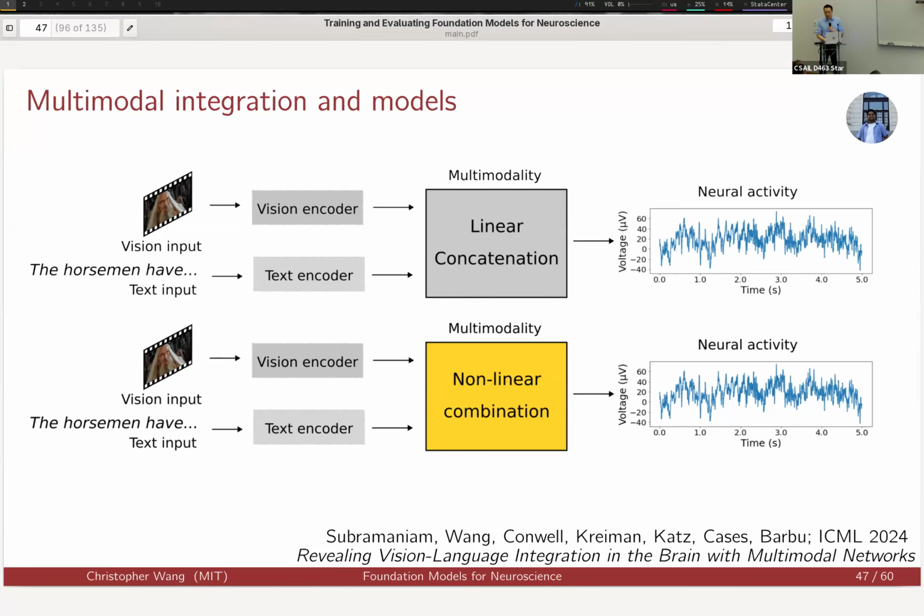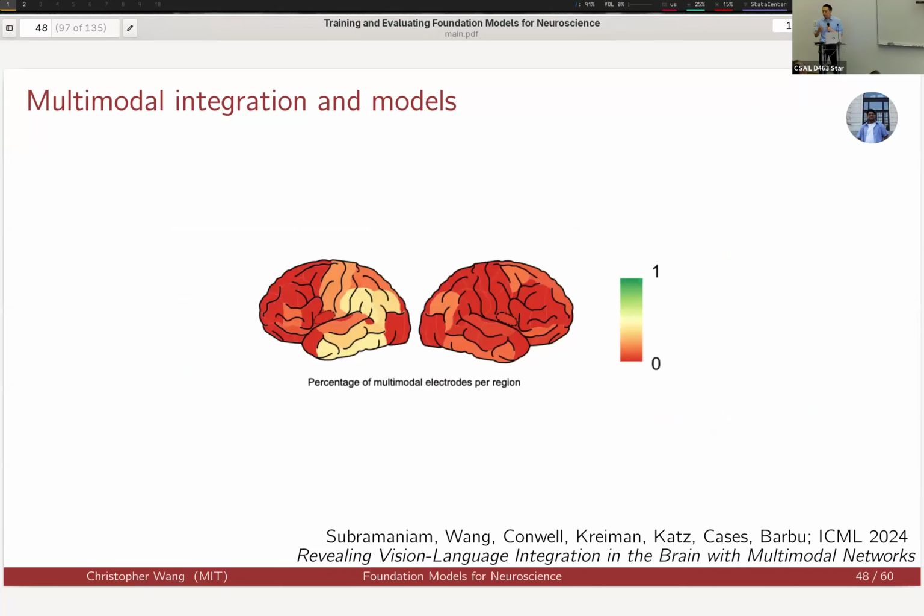Okay, this is work really led by Vignesh Subramaniam. It was a couple years ago when we did this experiment, and I highlight it here because it's so cool. It turns out that we actually don't have control of electrode placement. This is all determined by clinical considerations. So the visual areas of the brain are super undersampled, but I would say we get very suggestive results.